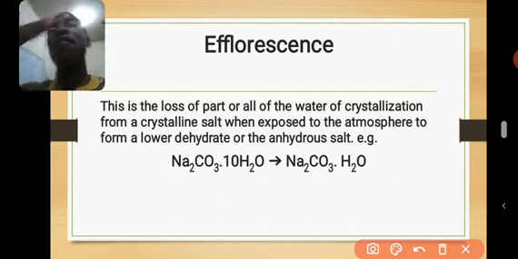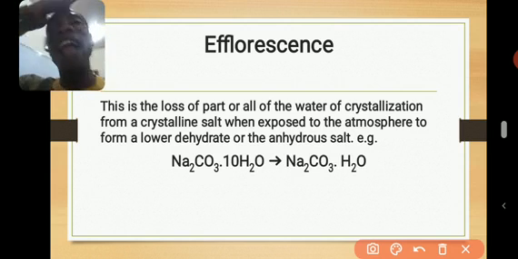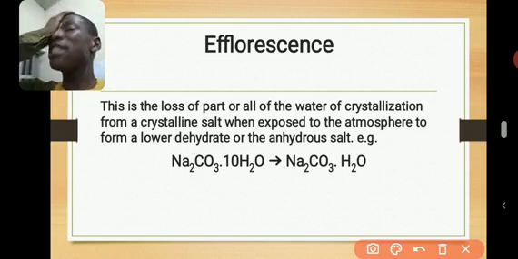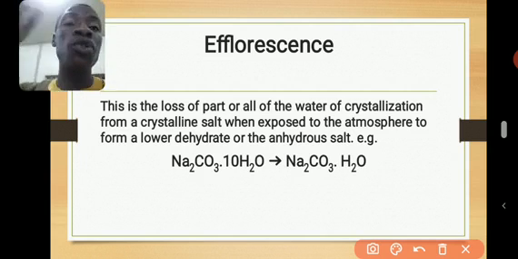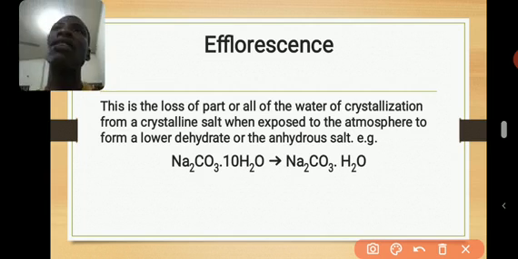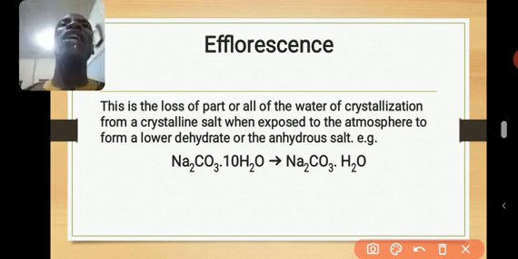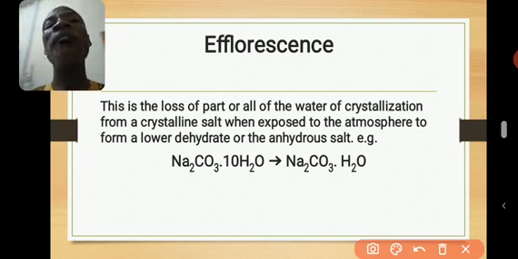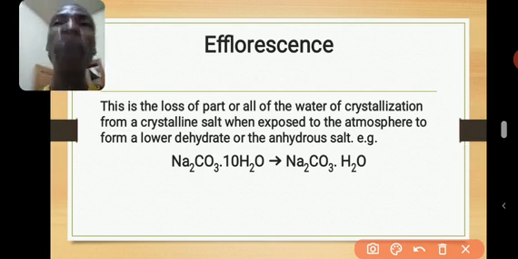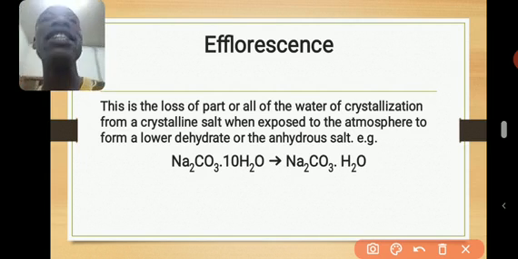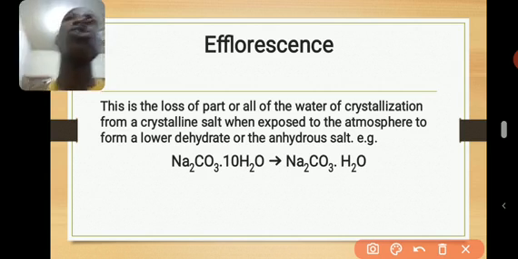For example, if it had 15 before and now it has 5, that's a lower hydrate form. So if they lose part, they form a lower hydrate. If they lose all, they form anhydrous salt. Both formation of a lower hydrate or formation of anhydrous salt are called efflorescence.